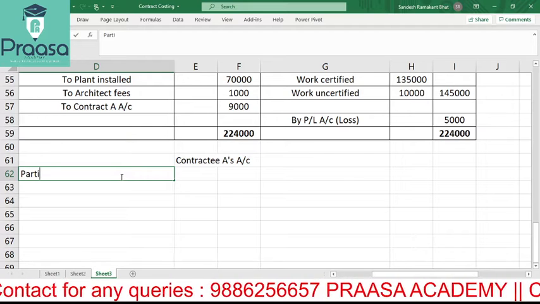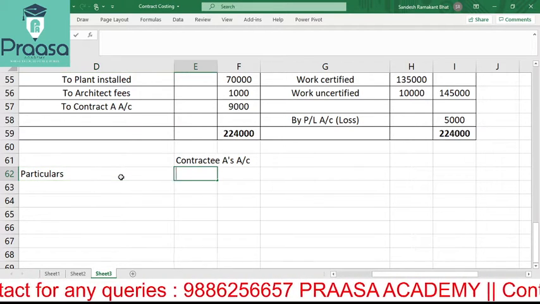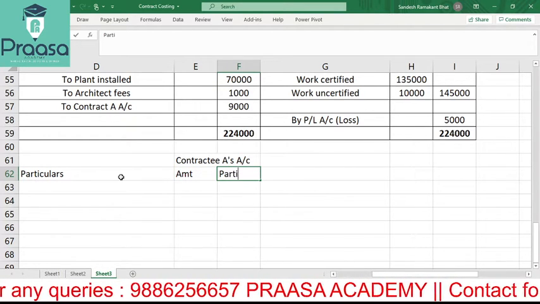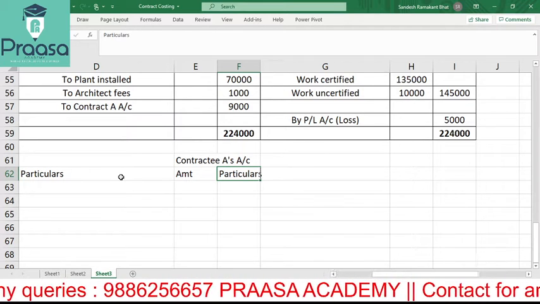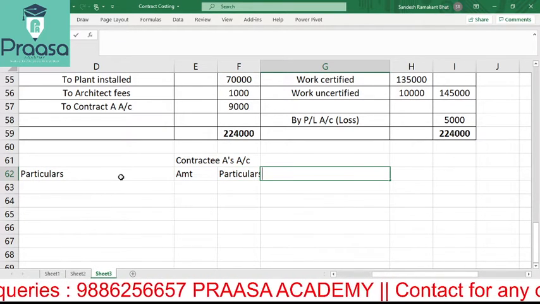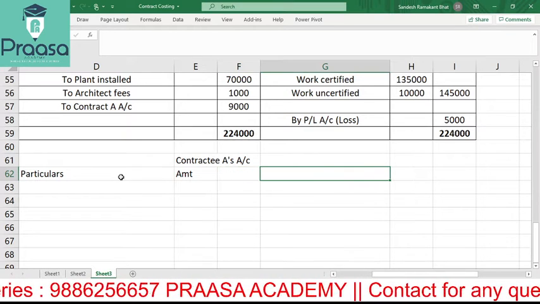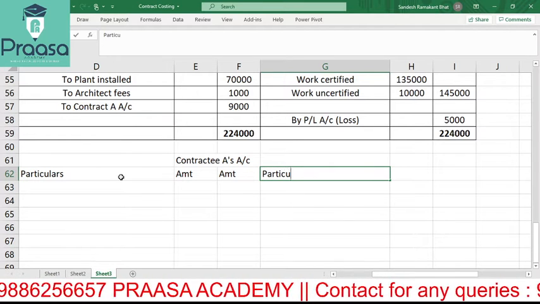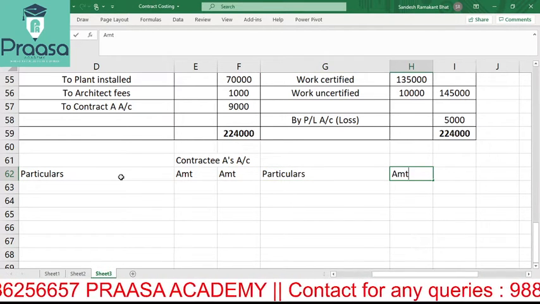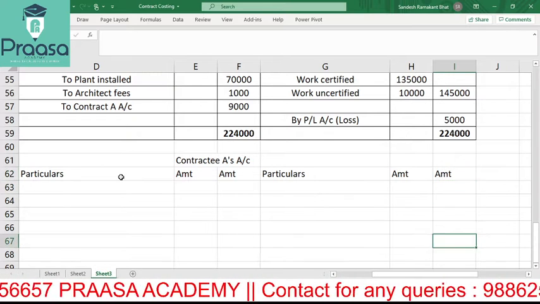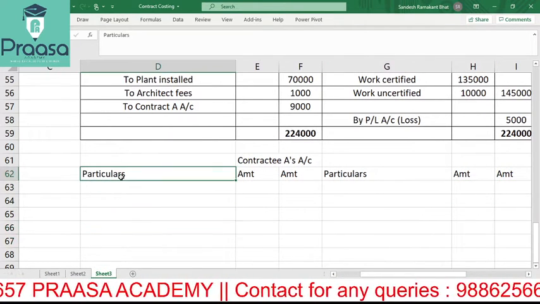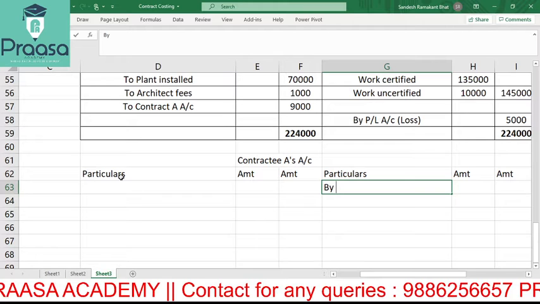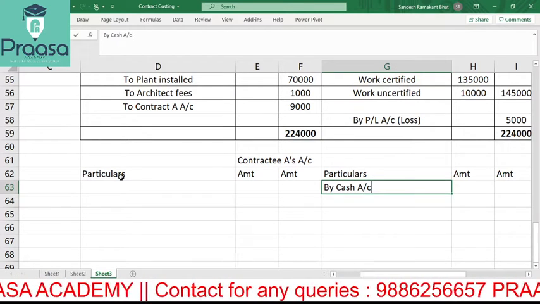Particulars, amount, particulars, and we'll do one thing for the purpose of retaining the format. Amount and amount. What will come here? By cash account. How much cash have we received? Right? By cash account. How much cash has been received here?